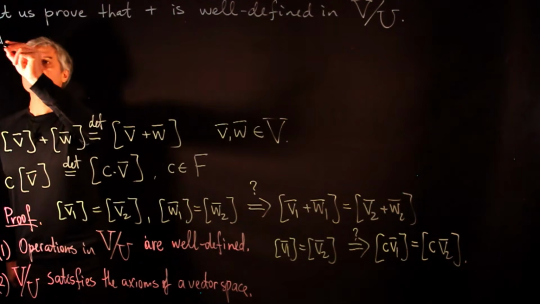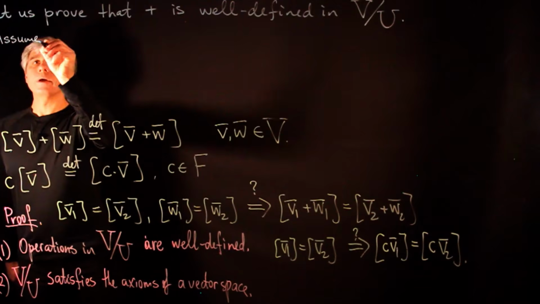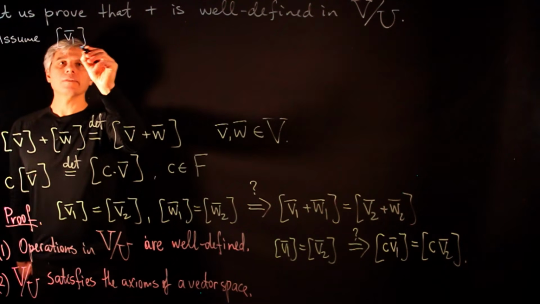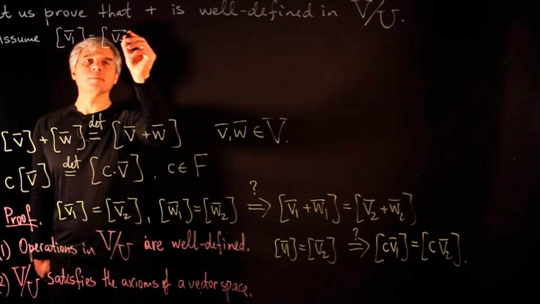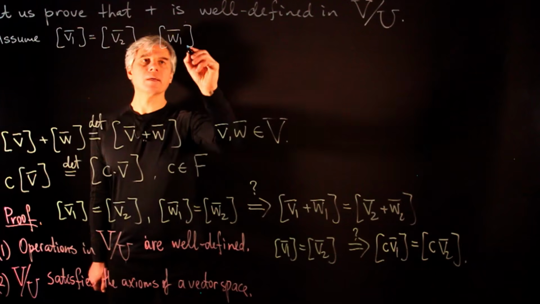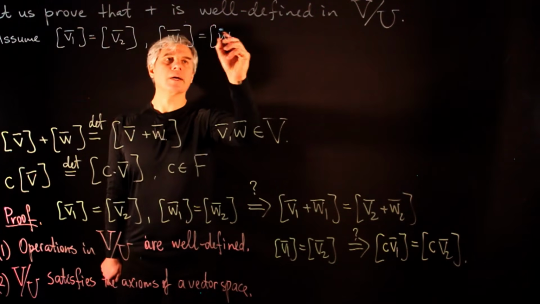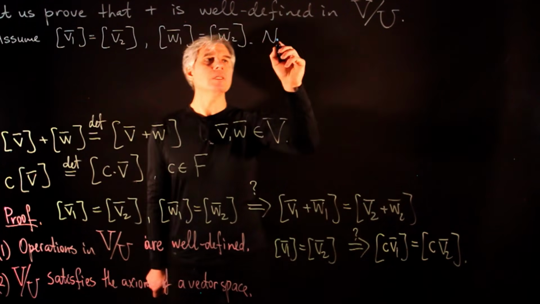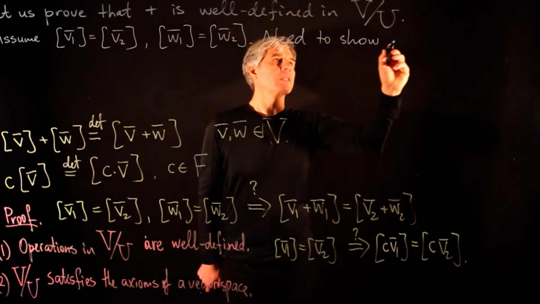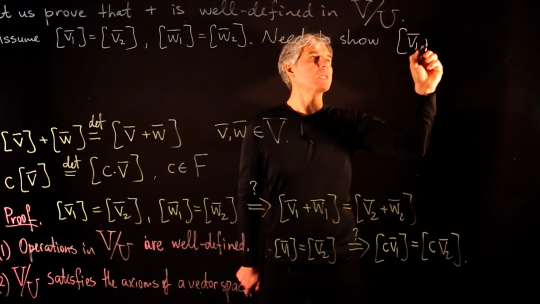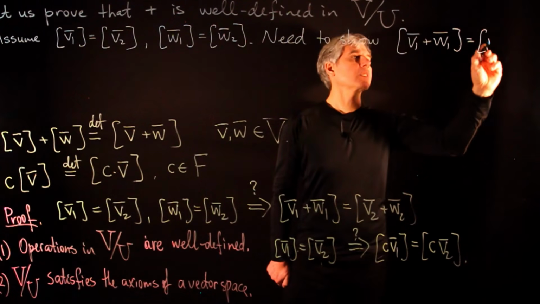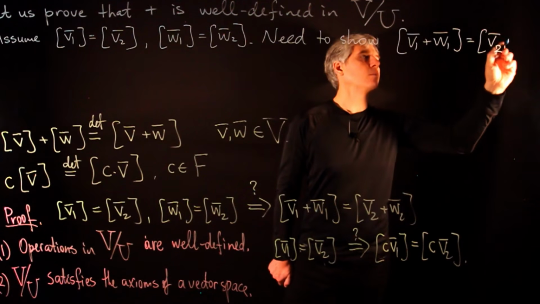So here we assume that the equivalence classes of v1 and v2 are the same, and the equivalence classes of w1 and w2 are the same. And we need to show that the equivalence class of v1 plus w1 is the same as the equivalence class of v2 plus w2.